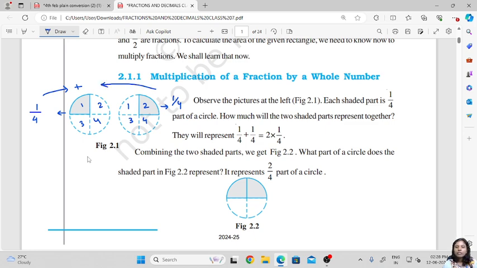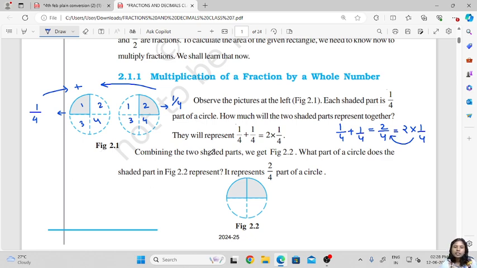So here it is 1 upon 4 plus 1 upon 4, which will be equal to 2 upon 4. Another way you can write this is, you take the 2 out, and what will be left is 1 upon 4. Again if you multiply this, you will get 2 by 4. So they are saying it is 2 into 1 by 4.